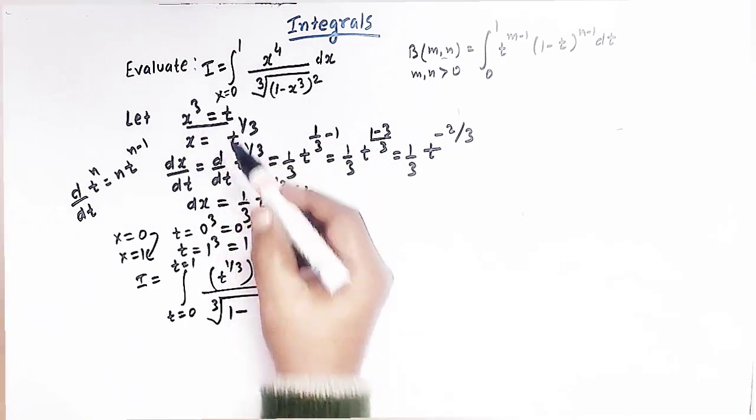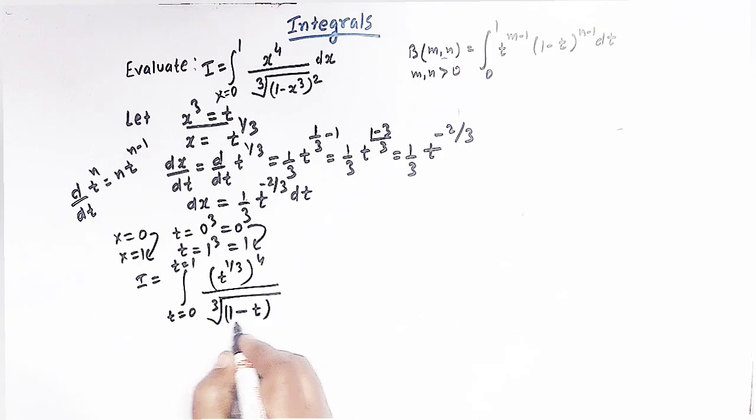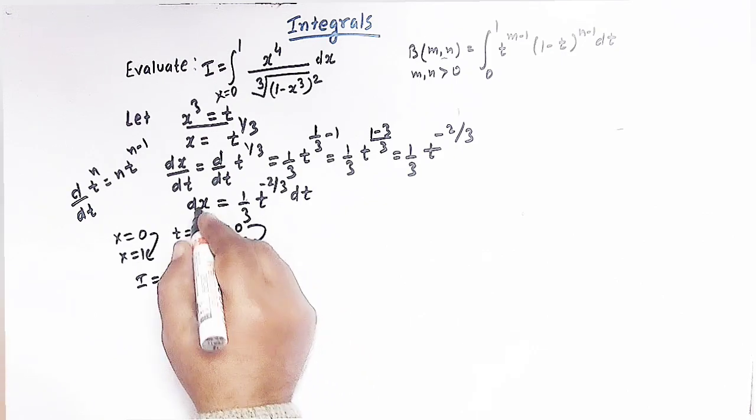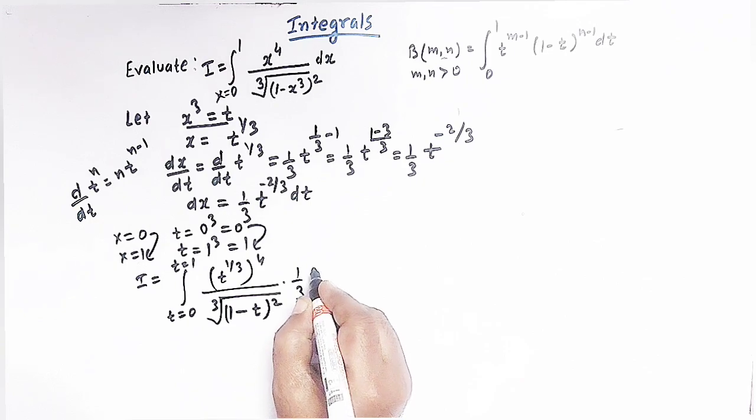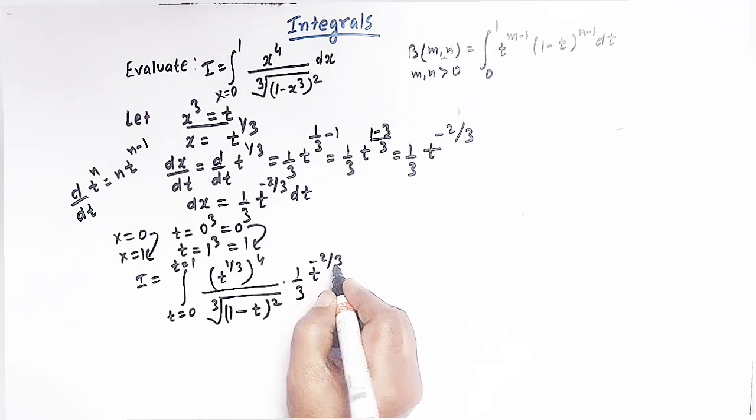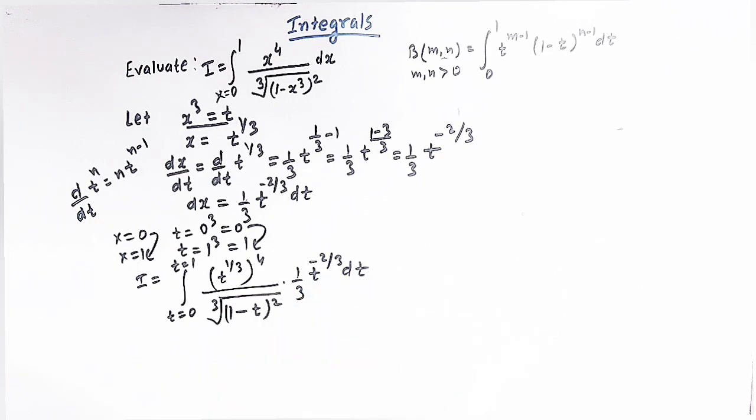For x cube we can write t, and here we have square, and for dx we can write 1 over 3 t raised to minus 2 over 3 dt, right?